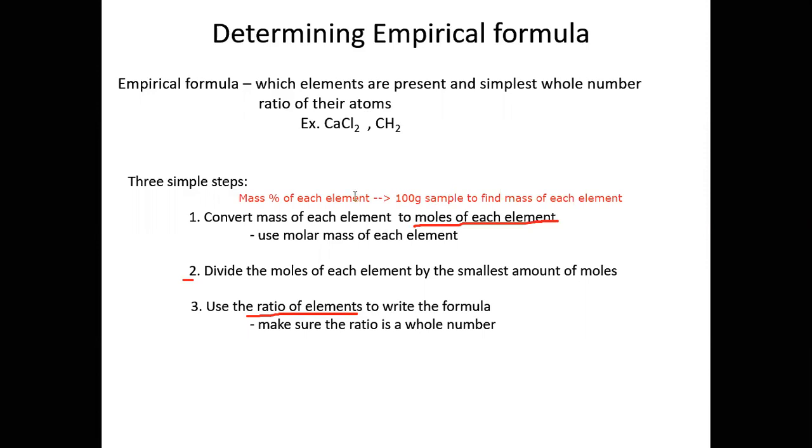Then you can find the mass of each element and convert that to moles of each element, then divide by the smallest number to get the ratio, and then check to see if your ratios are whole numbers. If they're not whole numbers, we'll have to do something in order to make them whole numbers. These are the main 3 steps we'll be doing in all of these examples.